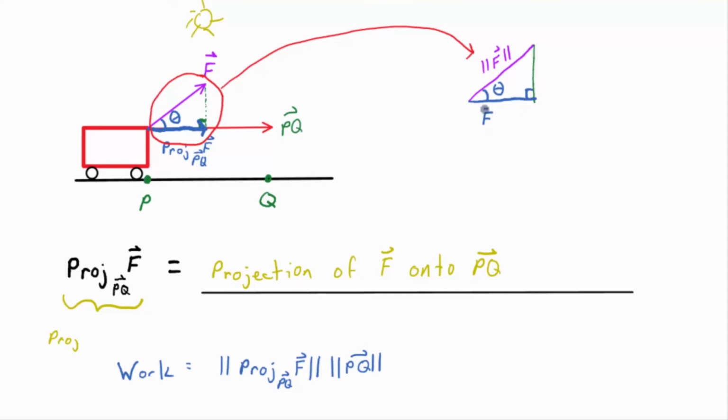So magnitude of F, the hypotenuse, times the cosine of theta. Isn't that the length of this side in blue? In other words, the length of the projection of F onto PQ. The projection of F onto PQ is a vector, make no mistake. So we're finding its length. That seem reasonable to you?